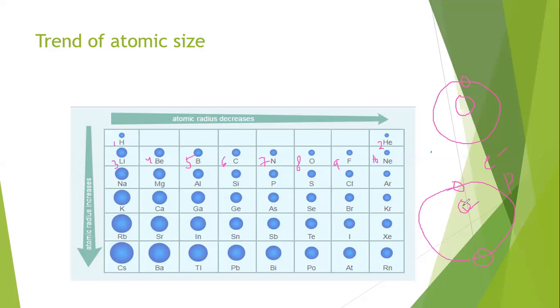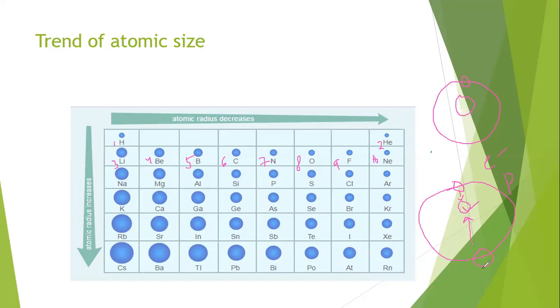So when the number of protons increases in the nucleus, they apply more nuclear charge to the electrons, and with more nuclear effect on the electrons, the electrons come closer to the nucleus.